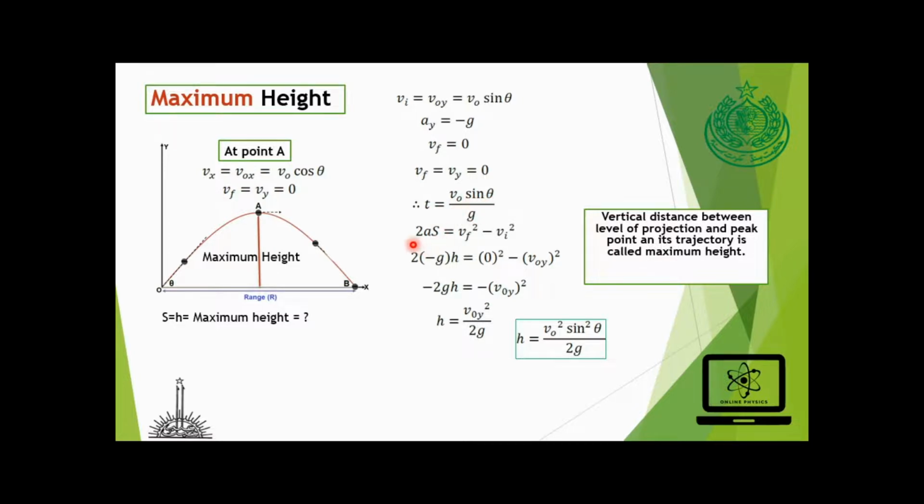By using the third equation of motion, 2as is equal to Vf square minus Vi square, where a is minus g and Vf is 0, this equation will become like this: the minus sign will cancel, so h will become v naught square upon 2g. So h is equal to v naught square sine square theta upon 2g. Students, keep in mind, sine square theta is not equal to sine theta square. So this is the final expression of maximum height.